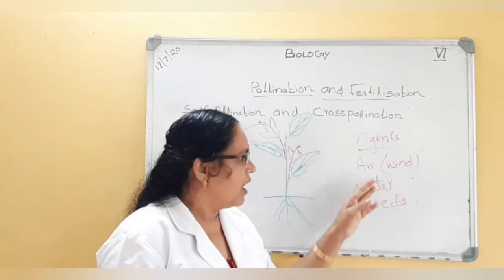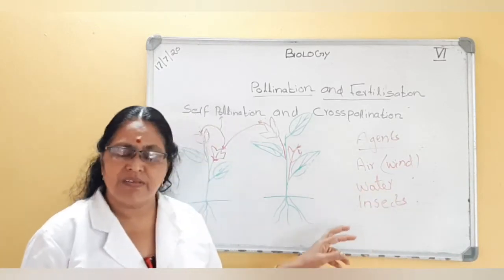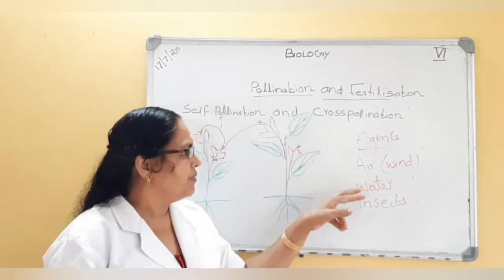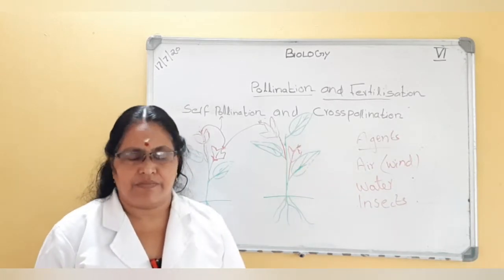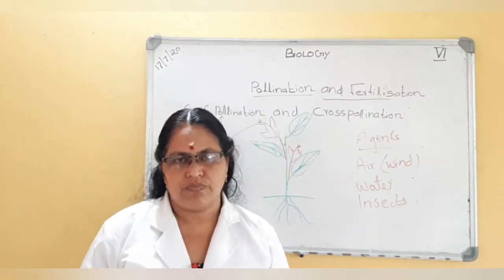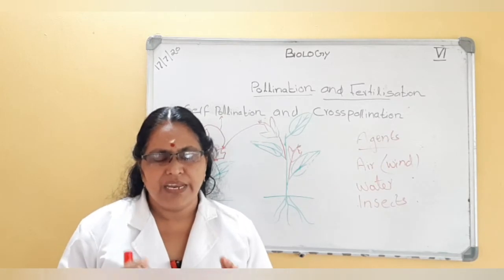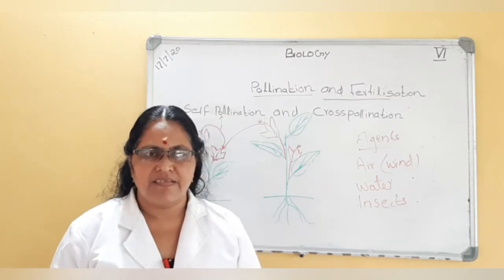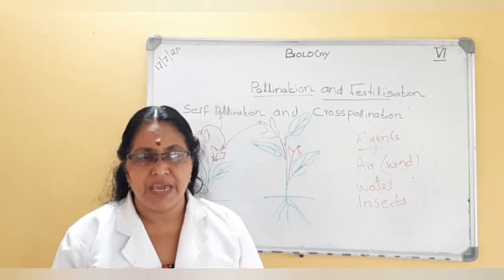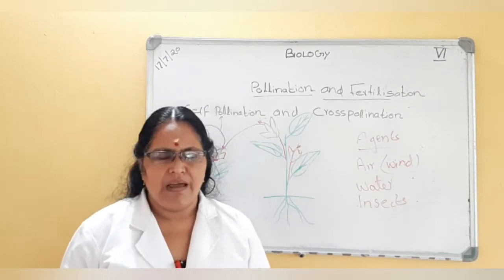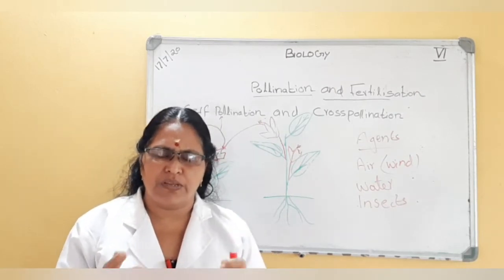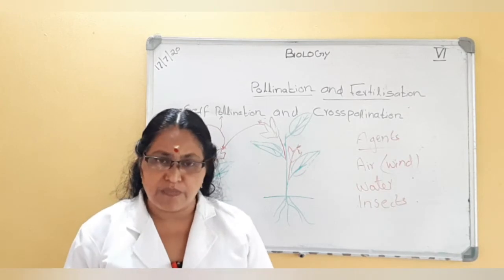Let us see how this type of pollination takes place in plants. One by one. The first one is the air or wind pollination. Wind pollinating flowers. Example, rice, maize, etc. A large number of flowers are borne on the plant and they produce the pollen grains.